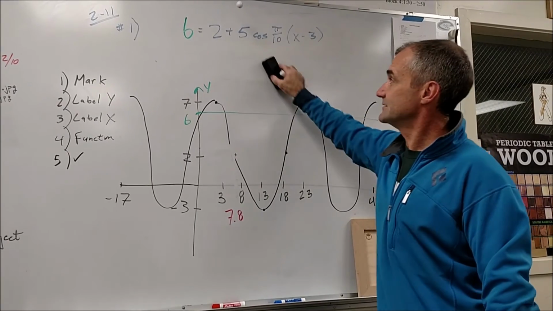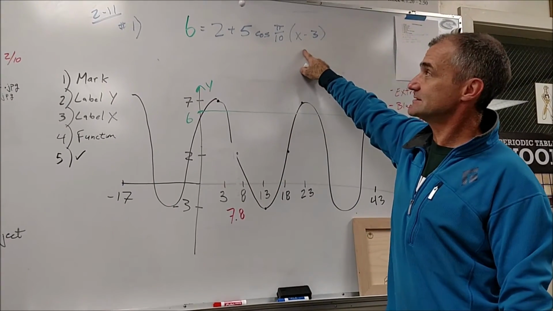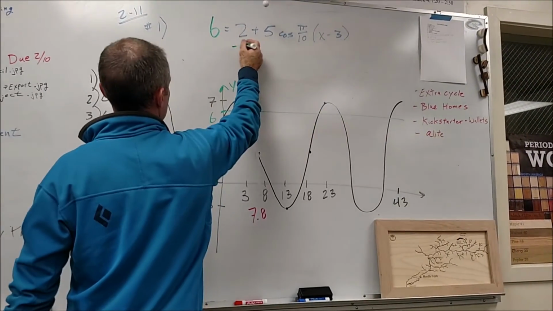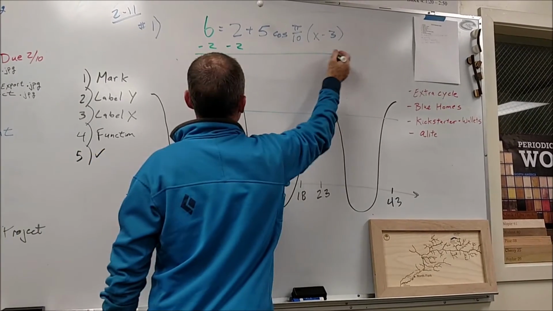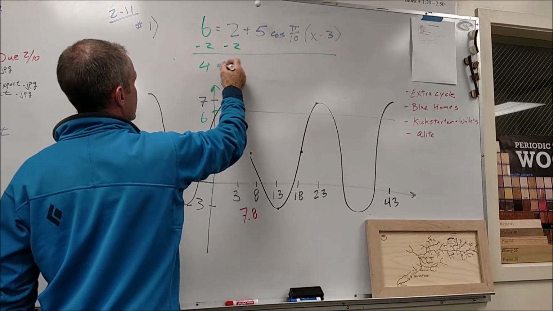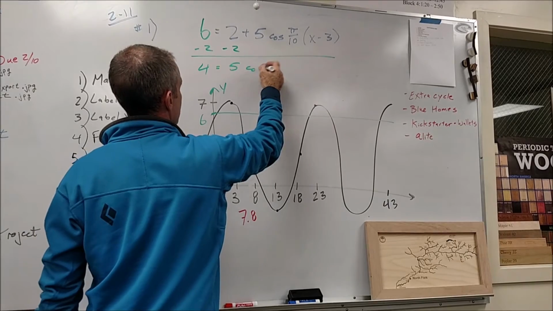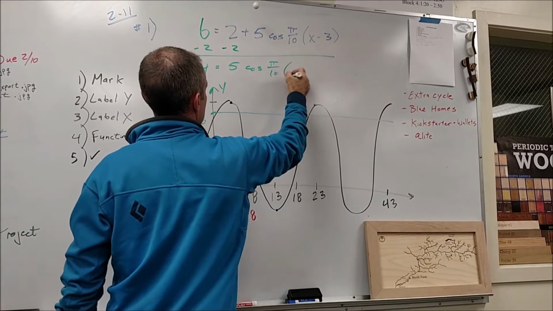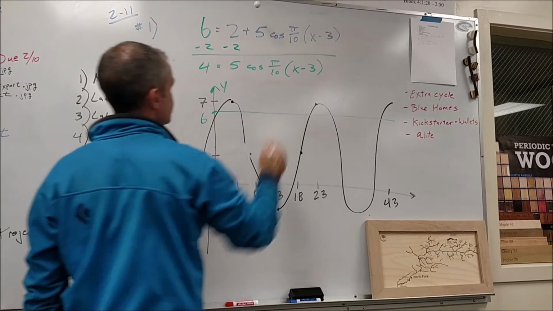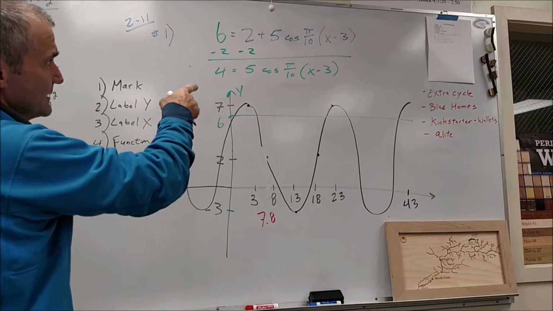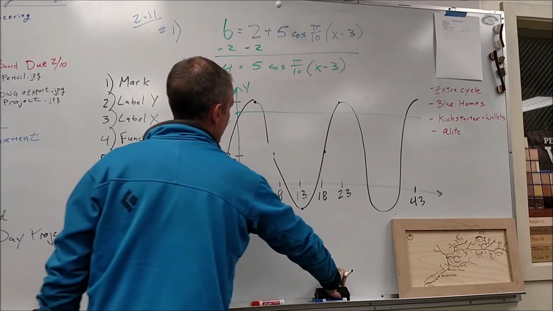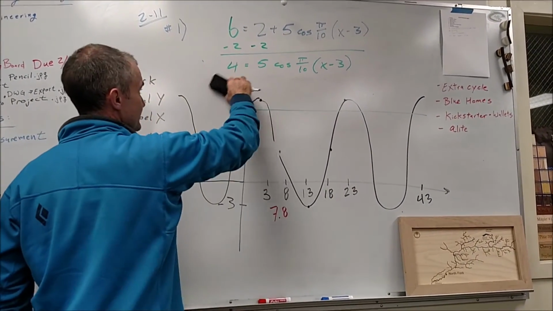So the way I have to get x by itself is I subtract 2 from both sides, and I get 4 equals 5 cosine of pi over 10 times x minus 3. Still isolating x, I divide both sides by 4. Running out of room here.